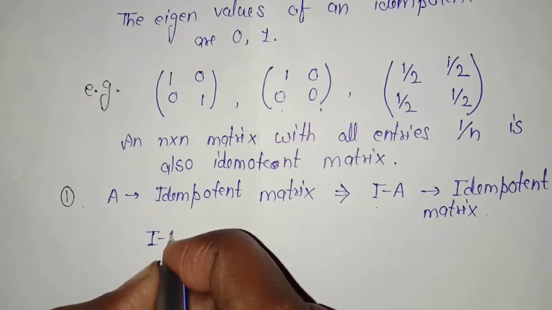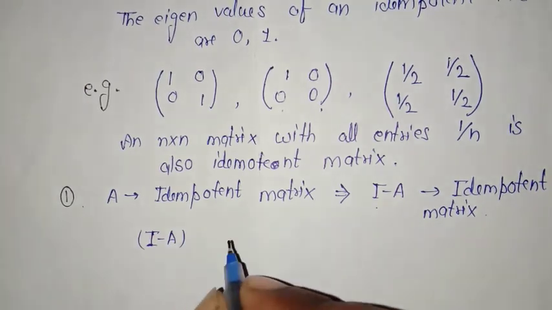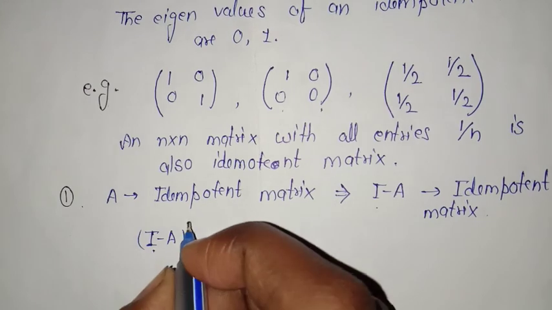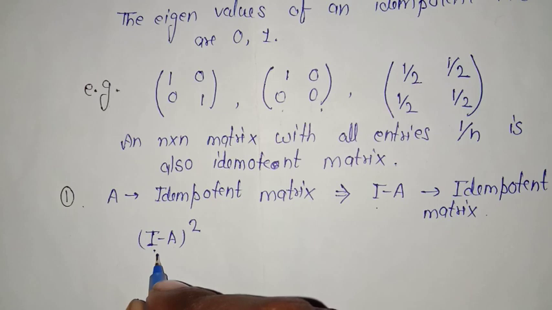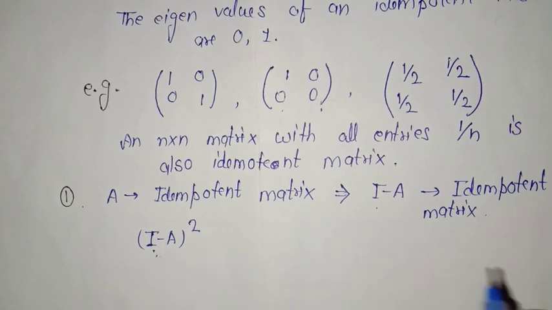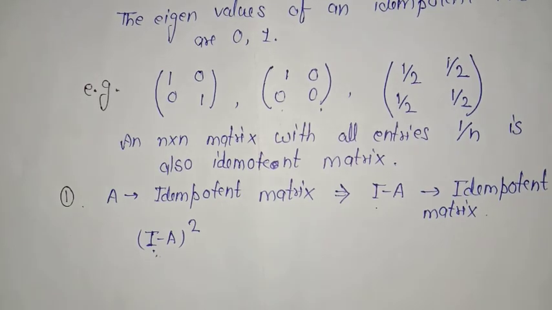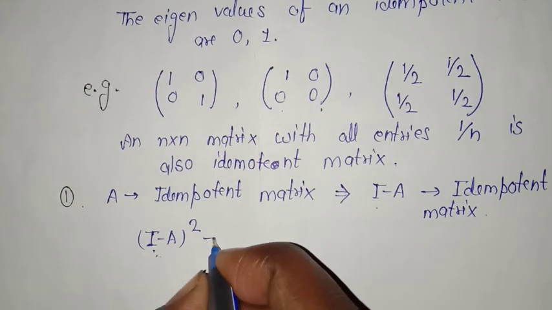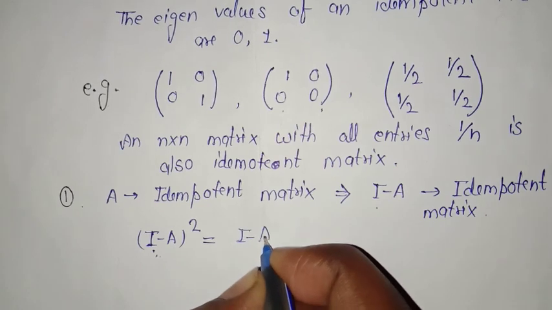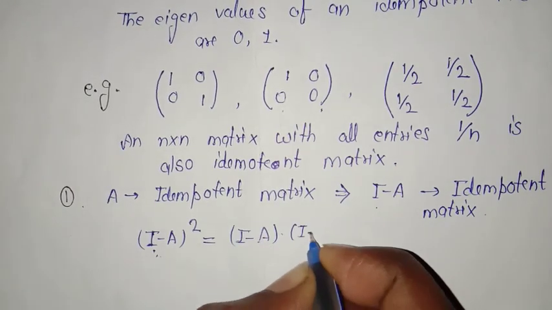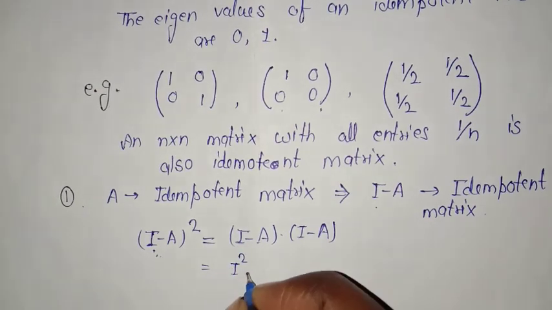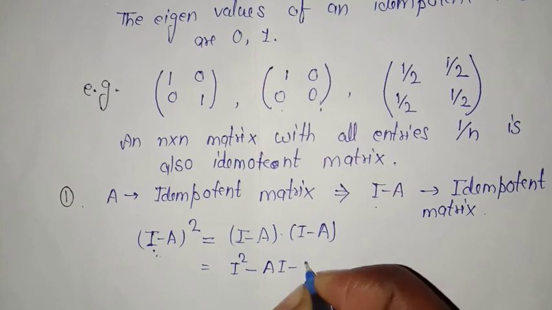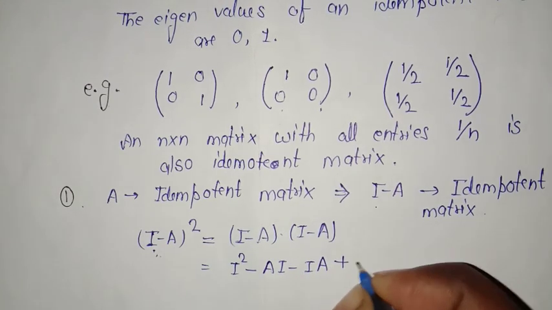So if we apply the definition of idempotent matrix over this matrix I minus A, we have to write I minus A whole square. Now if we are able to show this term as equal to I minus A, then we say that I minus A is an idempotent matrix. This can be expressed as I minus A into I minus A. If we solve it, this becomes I square minus AI minus IA plus A square.